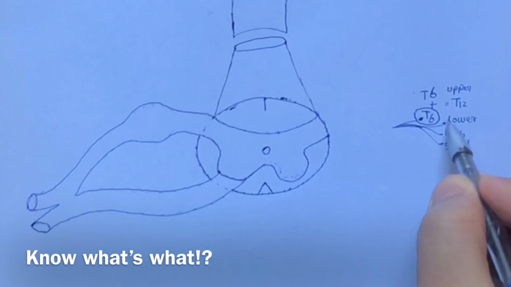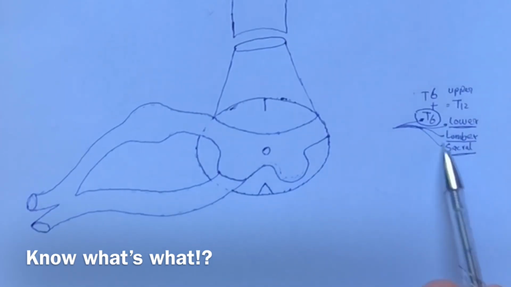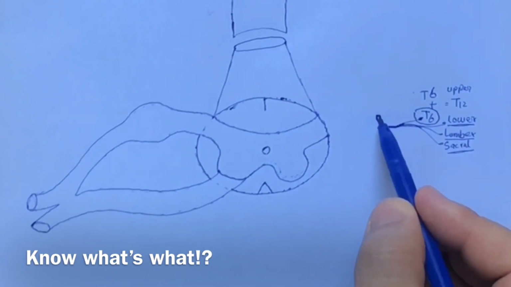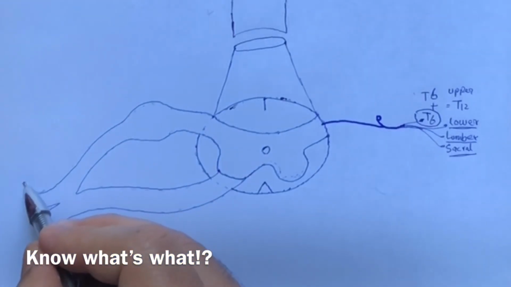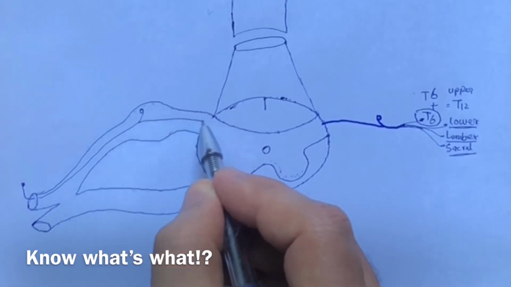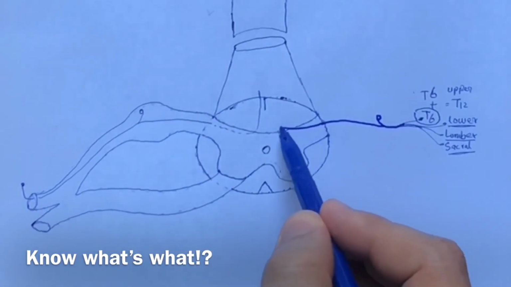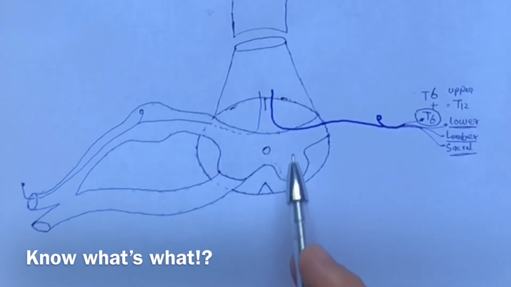So the lower 6 thoraces, the lumbar and the sacral will give a cell body in the posterior root ganglion and will enter the spinal cord. From the spinal cord, they will not cross. They will go ipsilateral and they will go medial most. So the lower part of the fiber will go to the medial most of the dorsal column.